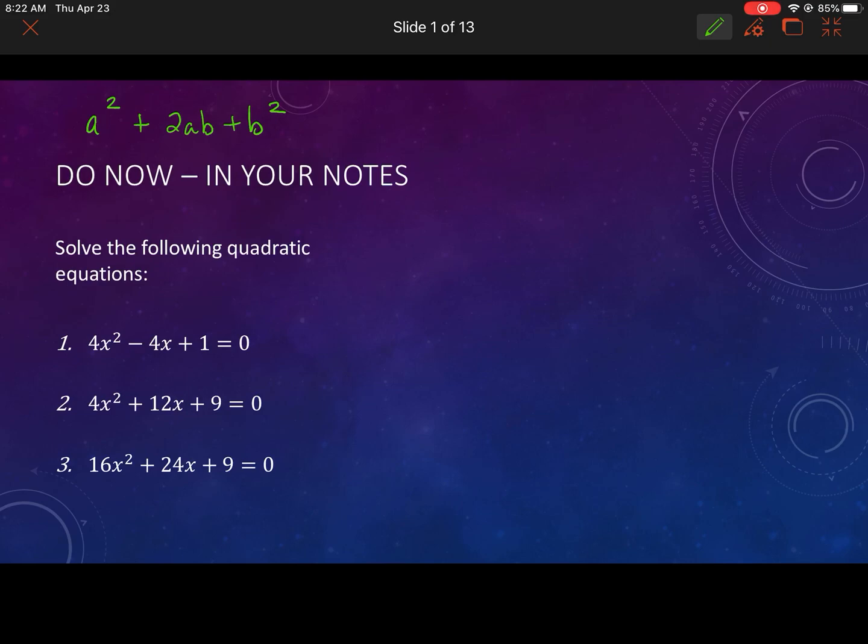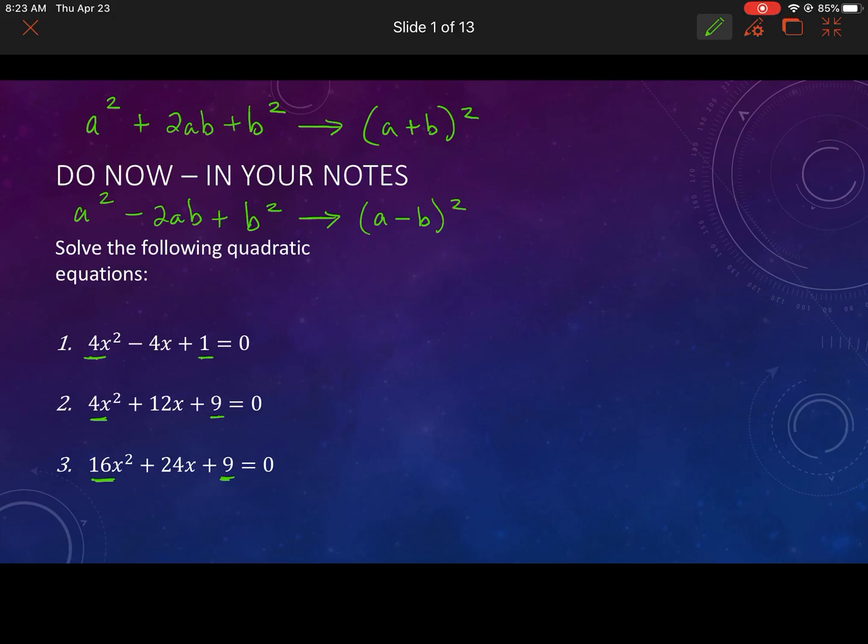Except for the first one, which actually follows the a squared minus 2ab plus b squared format. So we have a perfect square in the first term, and then a perfect square in the third term. So they actually do follow that pattern. So they are going to factor down to an a plus b squared. And in the case of the first one, it's going to factor down to an a minus b squared.